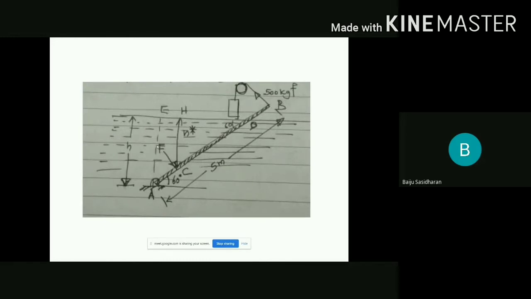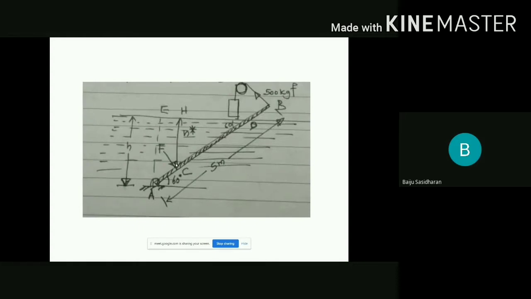Here suppose the pressure force of this static fluid acts at this point, normal to this plate. Let this point be the center of pressure, and its distance from the free surface will be h star.